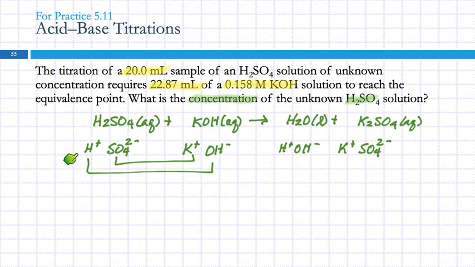If you want to, you can use these little guys down here. We just need to make sure that we've got everybody represented. Because in this one, there's 1 sulfate and there's 2 hydrogens, right? And this is a K and an OH as H2O. Over here, K2SO4.